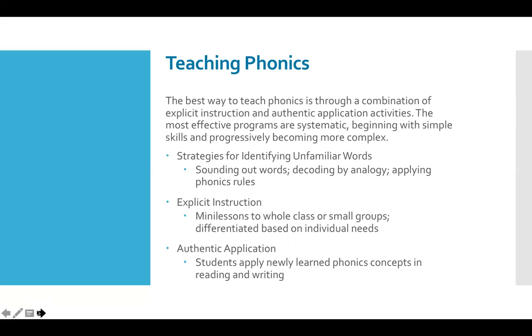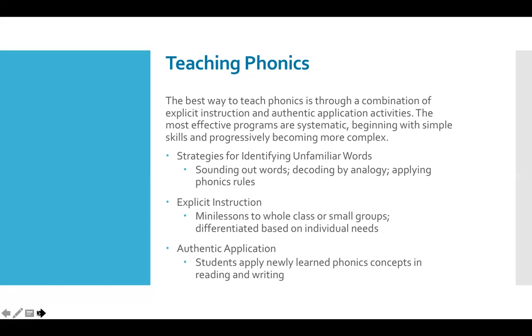So you learn those rules, and then the next step is that you're going to learn words that don't comply to those rules. But you've already learned how to spell the words that do comply to the rules, and then you understand, oh, but then there are these words that don't comply. So several strategies for identifying unfamiliar words: sounding out words, decoding by analogy, applying phonics rules.